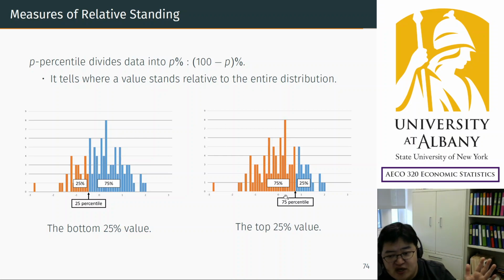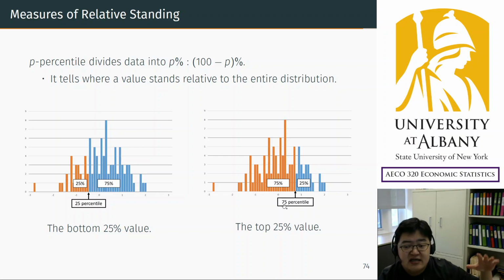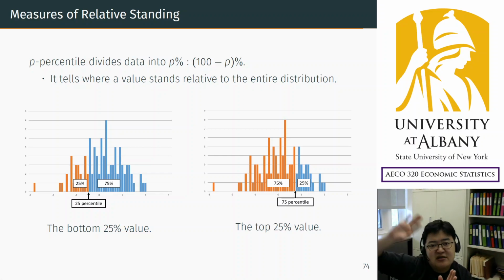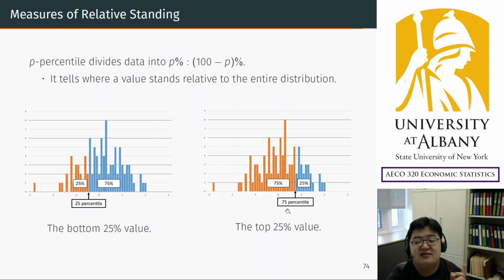On the other hand, if you increase the percentage P, 75 percentile has 75% on the lower side and only 25% on the greater side. So the top 25% value is the 75 percentile. So it is greater than the median. Depending on this P, as P increases, the percentile will also increase.